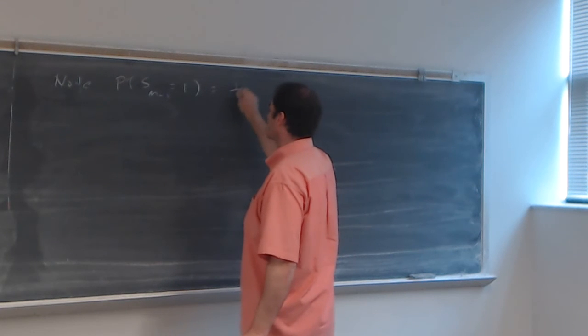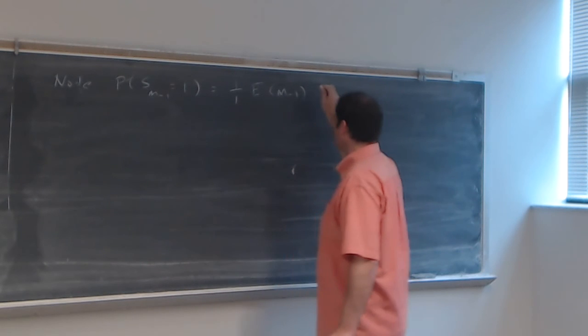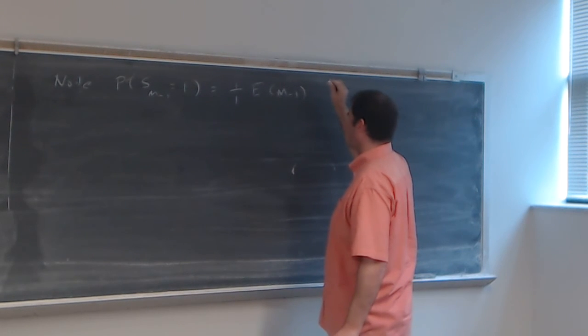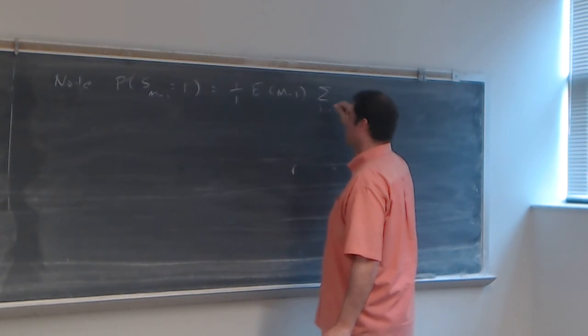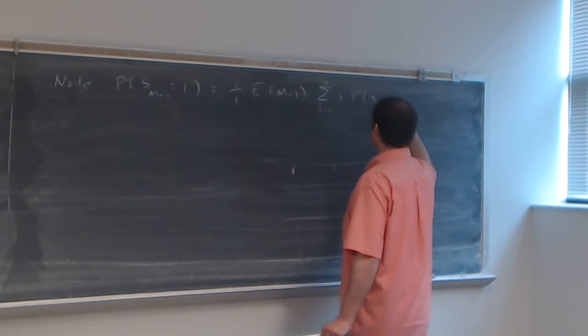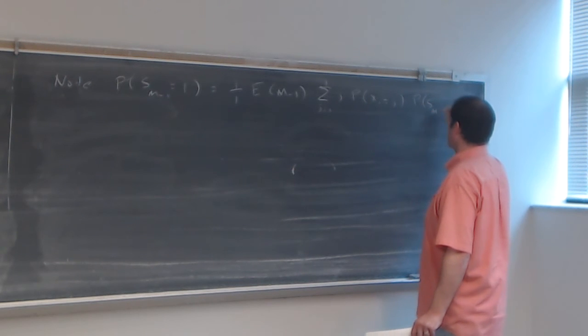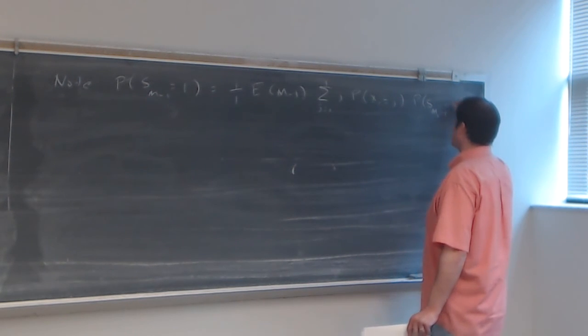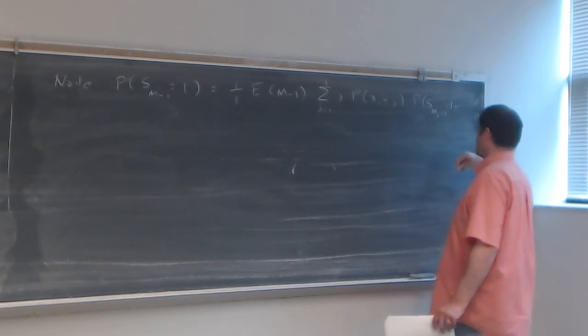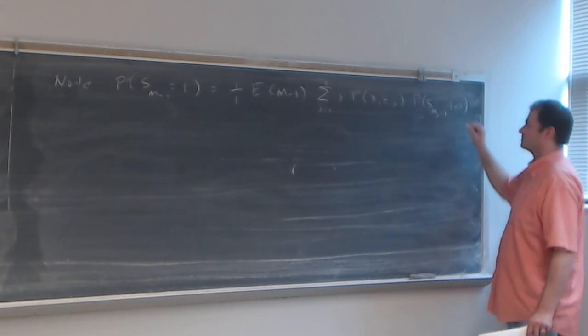Now, by our corollary, that's 1 over 1 times the expected value of m minus 1, times the sum, as j runs from 1 to 1 in this case, of j times the probability that x of 1 equals j, and then times the probability that something else, s of m sub 1 minus 1, is equal to 1 minus j.